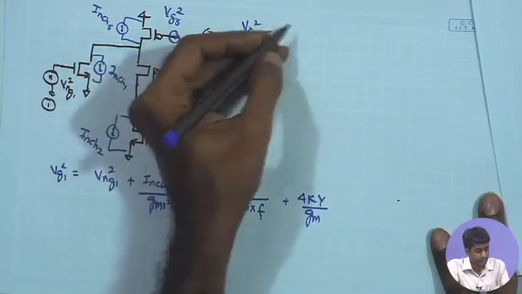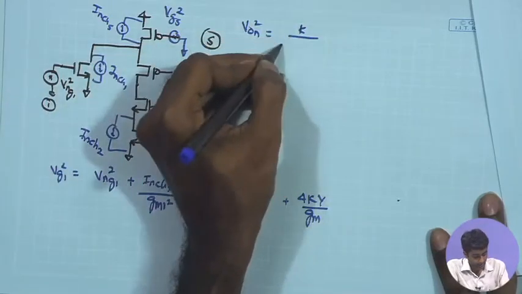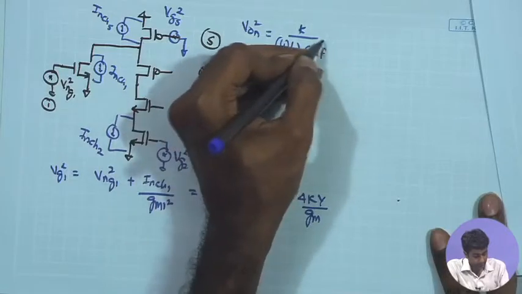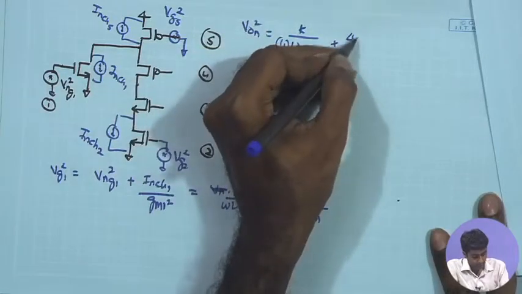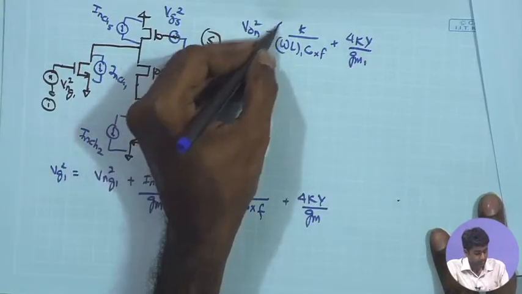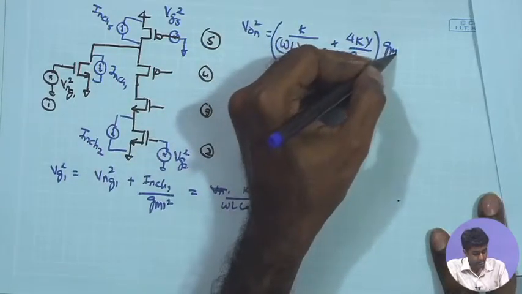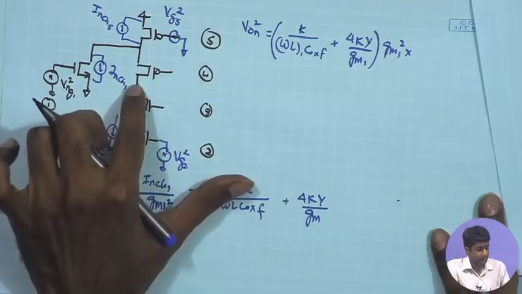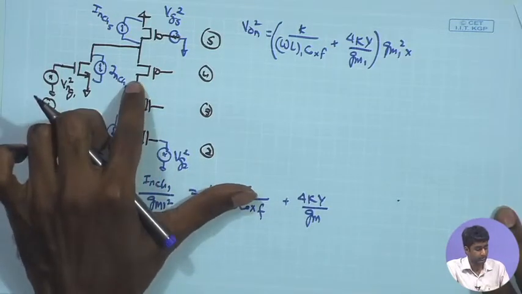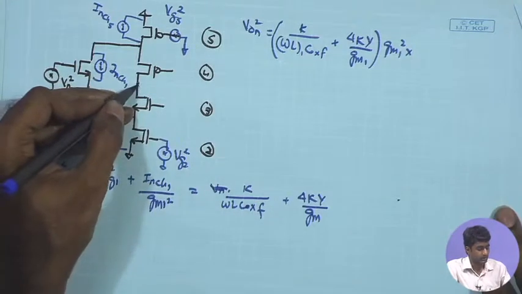That is going to be K upon W L1 times COX times F plus 4 KT gamma upon GM1 times GM1 square times the overall output impedance that we get because of the M3 and M4.